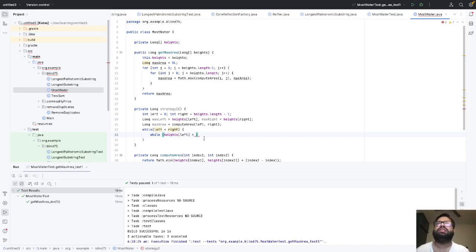And heights left is less than max, left plus, right.